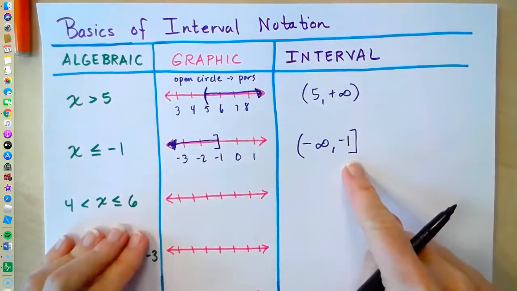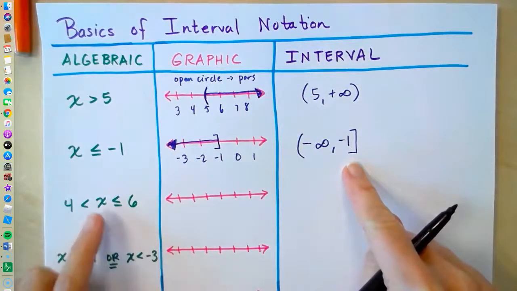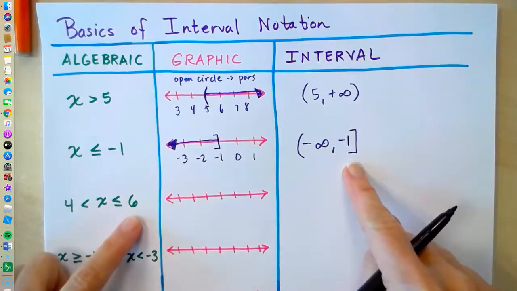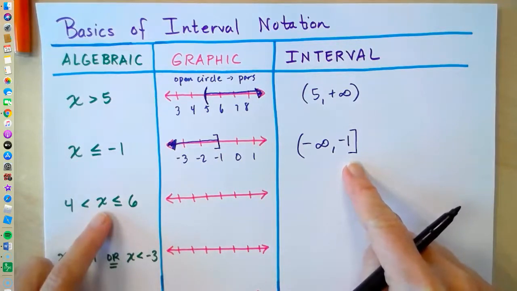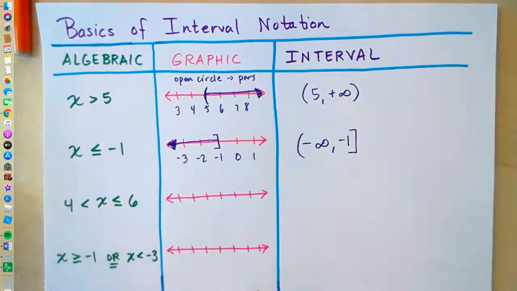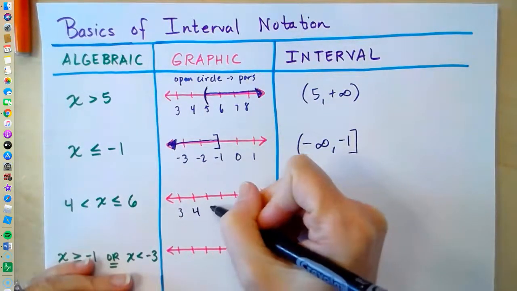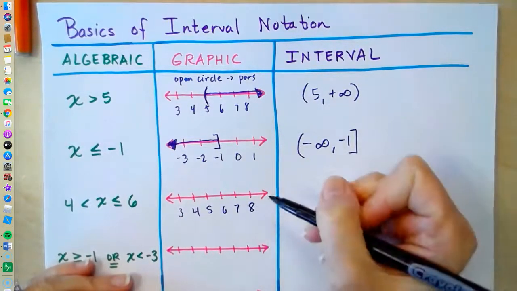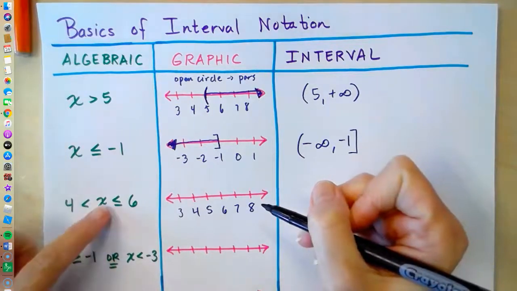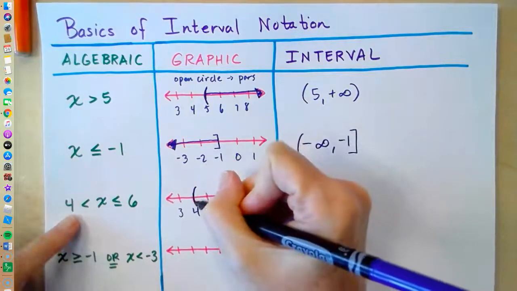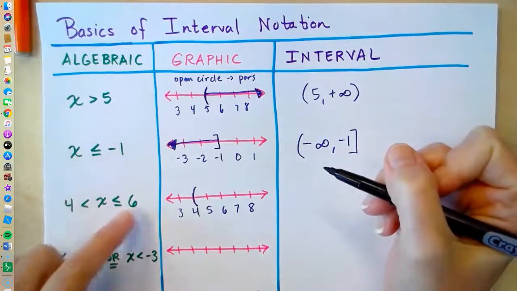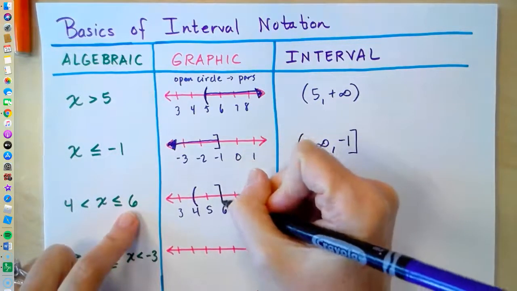Here we have a compound inequality, which is saying that x is bigger than 4 and less than or equal to 6. So this is an infinite set, but it has defined endpoints. So if we're going to put this on our number line, number your number line, and then we want to be bigger than 4, but not include 4, but less than or equal to 6.